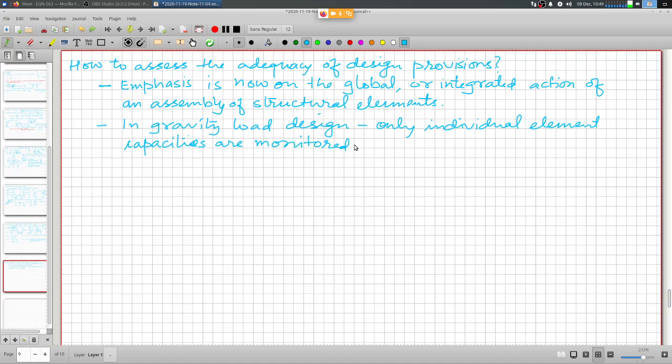So whatever is done, how do we ensure that, let's say we have a column and a beam.